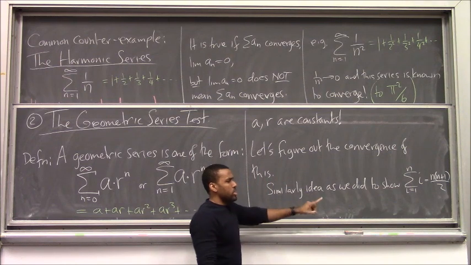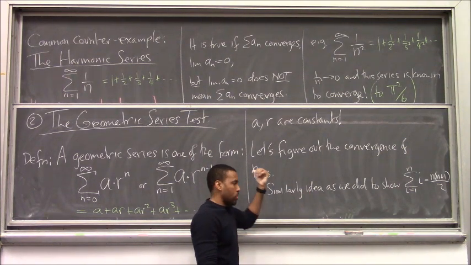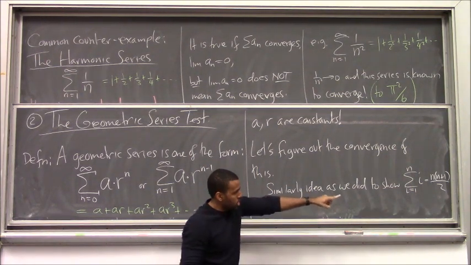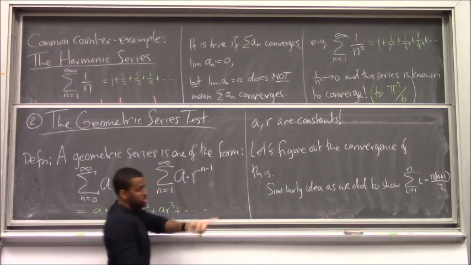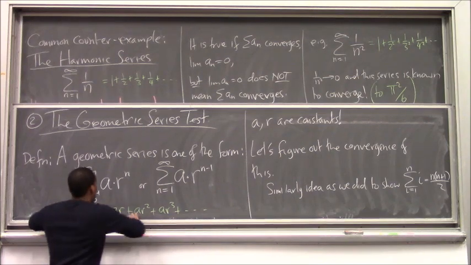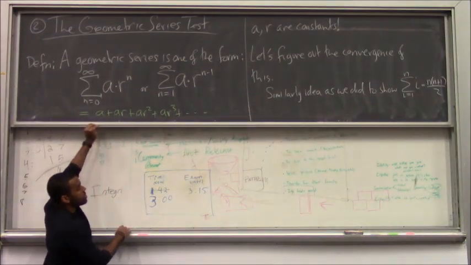As we did, basically meaning I did it in Calc 1, when we were talking about Riemann sums, that was one of the formulas that we needed, and there was a special trick that we used to figure out that that was true. We're going to use a similar trick here.